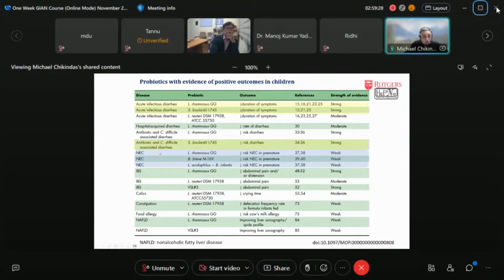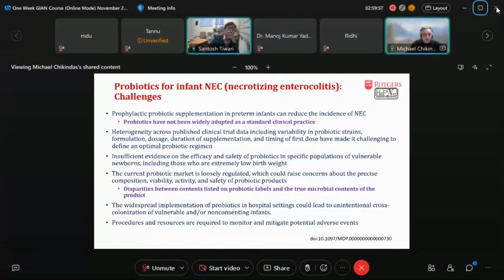Now, necrotizing enterocolitis and LGG, the decline in the prematures but really weak evidence. So take-home message again, inconsistency in the data, and we need more studies which are designed in the same way so they can be compared and the differences can be evaluated.